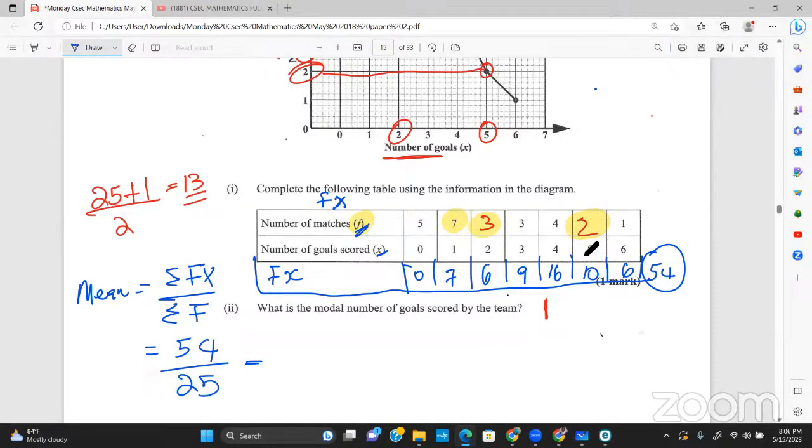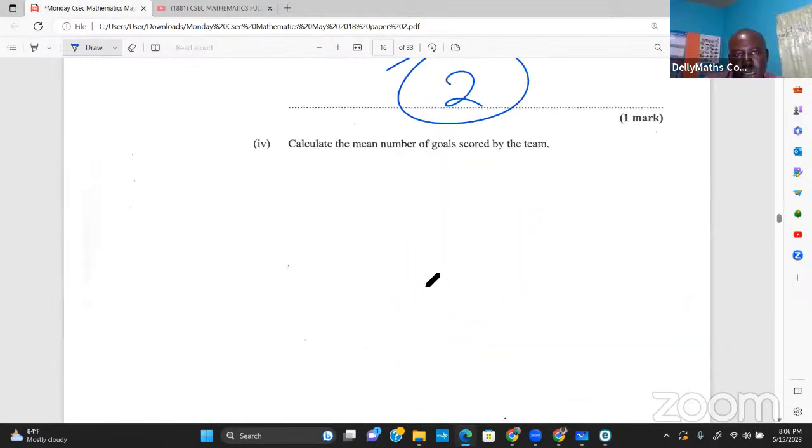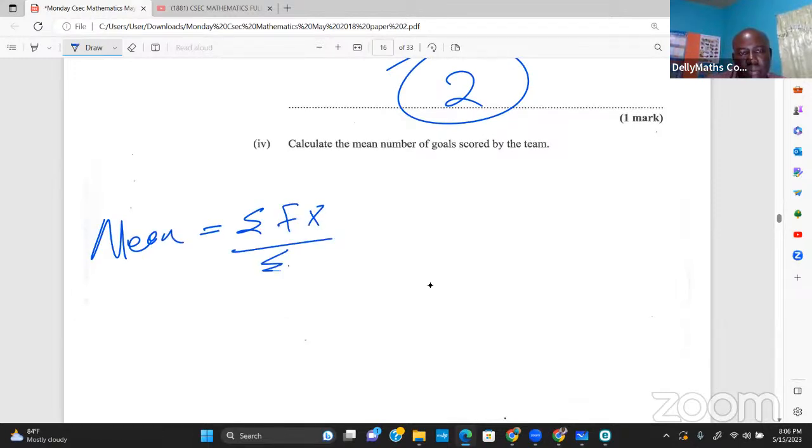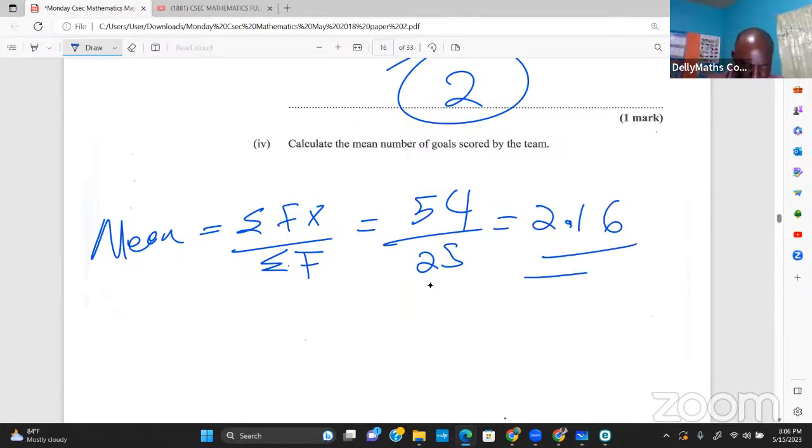But was there a specific instruction or not? Calculate the mean, not necessarily. So let me just write it down here. It was 54 over 25, and we get 2.16. There it is. So that's the amount of goals scored.